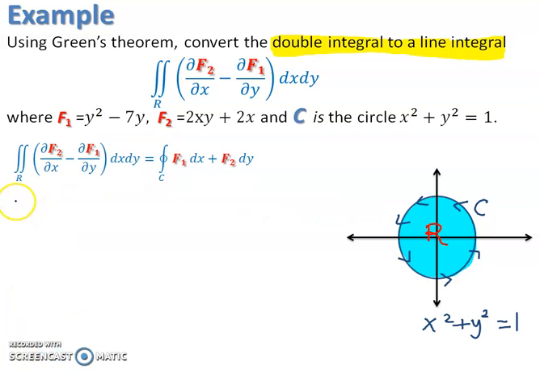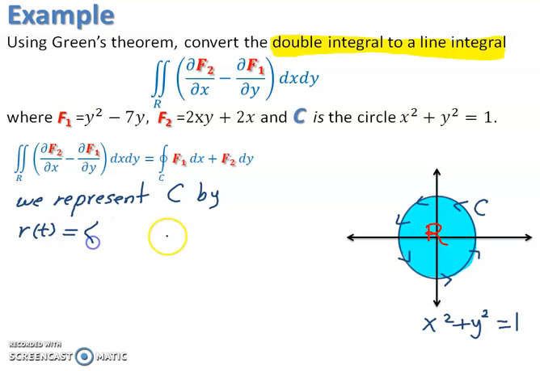Using the parametric representation, we represent the curve C by r, and the parametric representation of a circle is a cosine t, a sine t, where a is the radius of the circle.